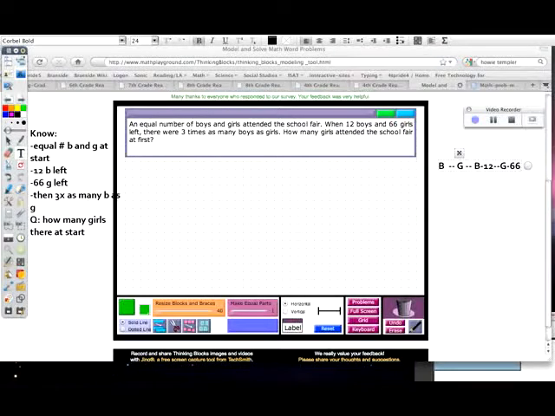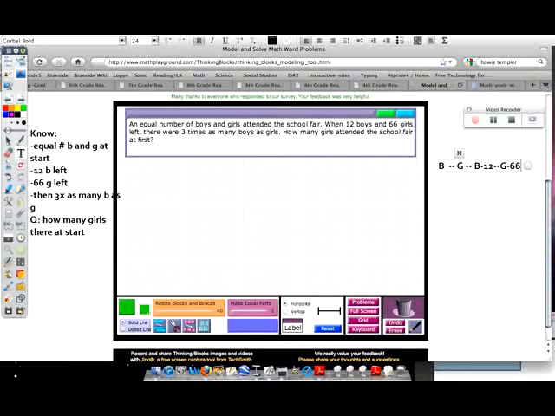And when you do that, you should find out that the boys will be 3 times as many as the girls. So those will be your labels, and I have no good way to really draw the table here.